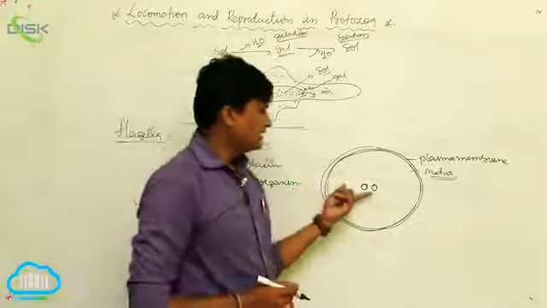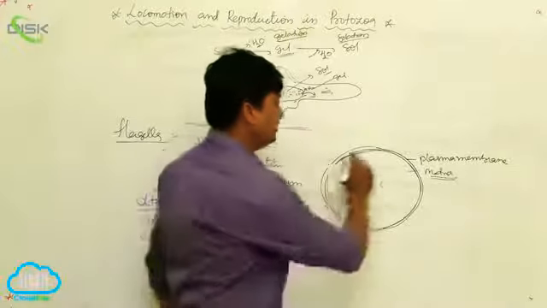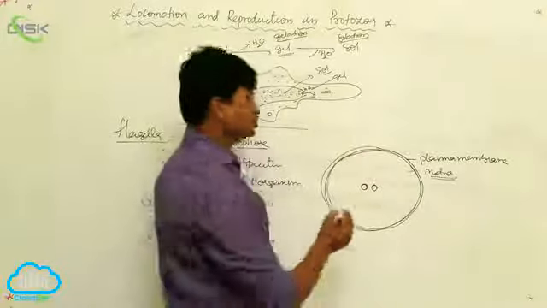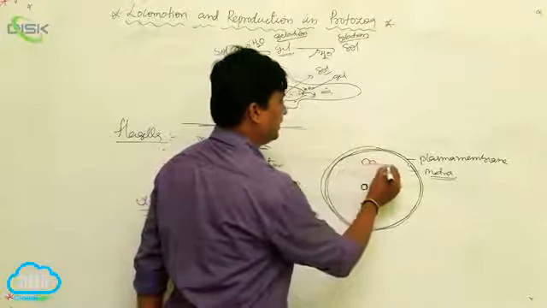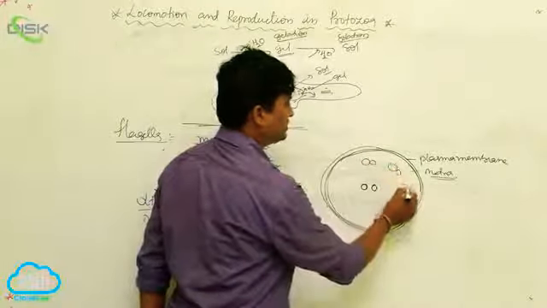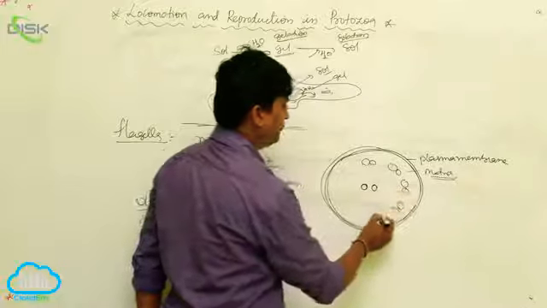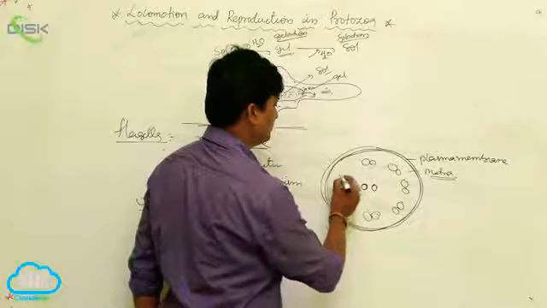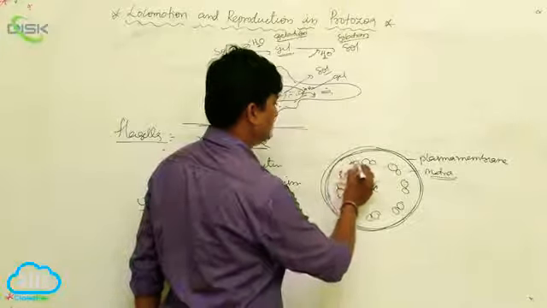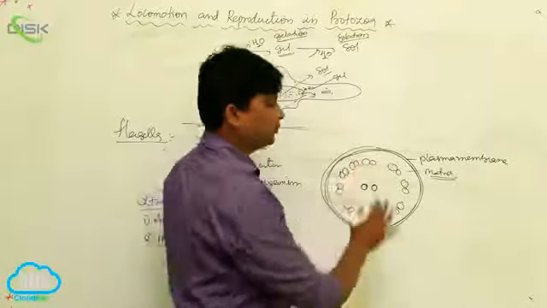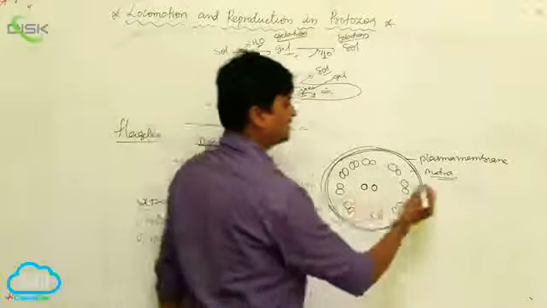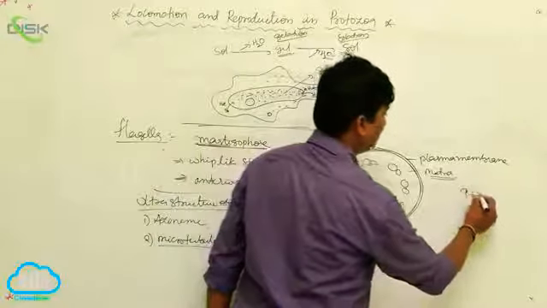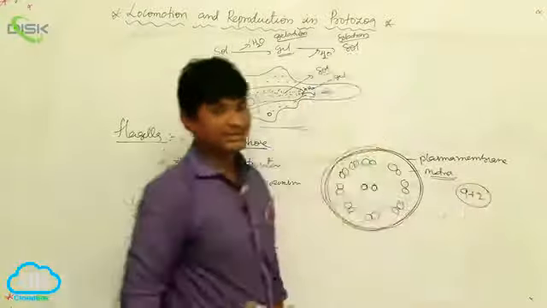In the central region there are 2, and in the periphery there are 9 doublets. This type of arrangement is a 9 plus 2 arrangement.